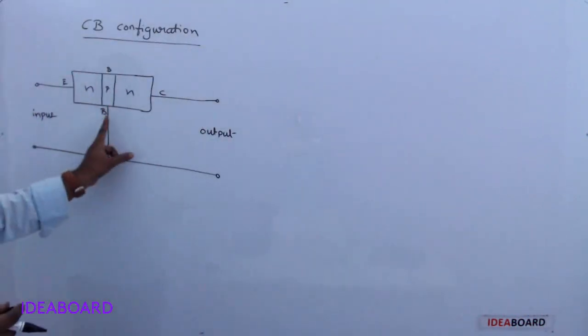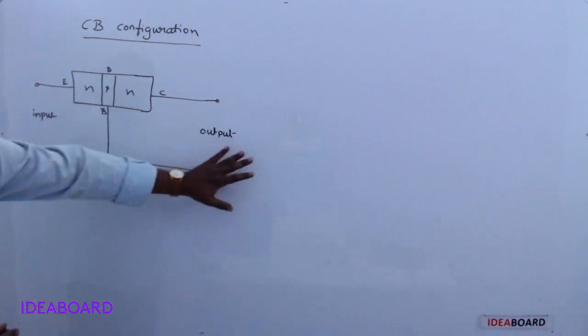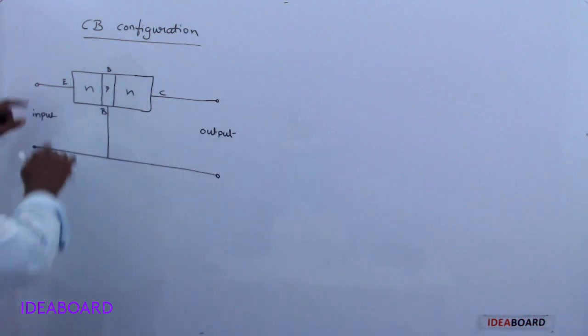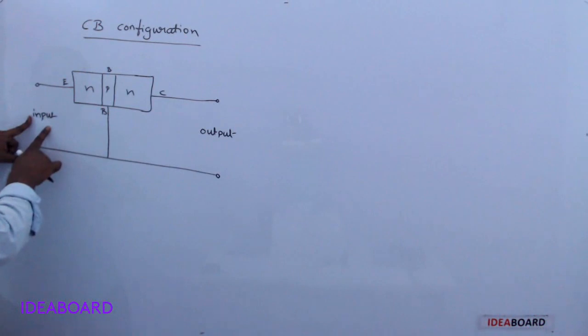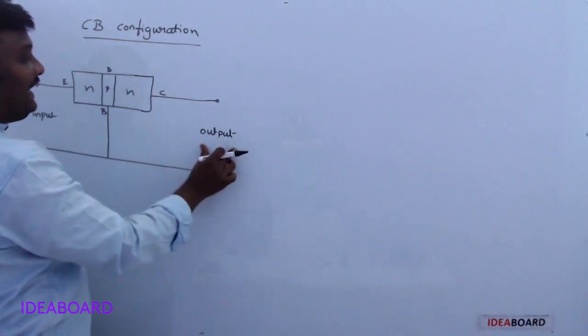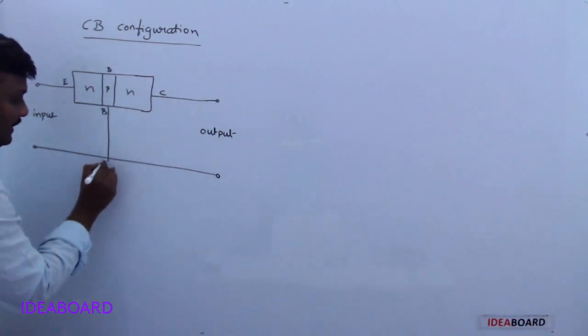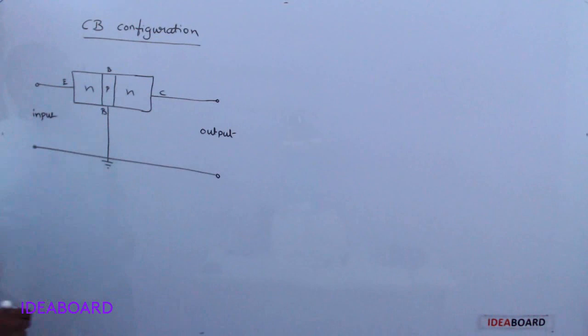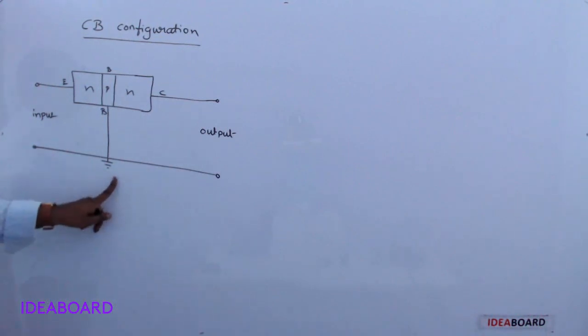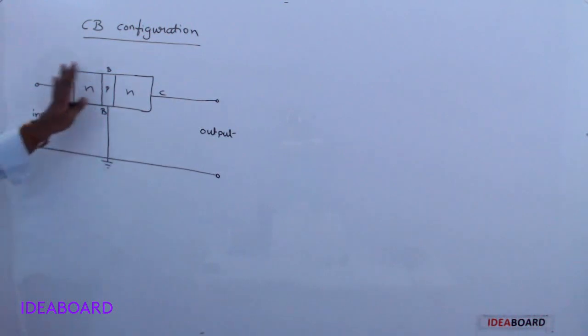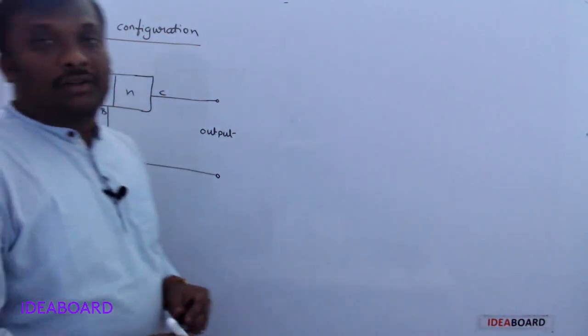Base is common for both input and output. Input is given across emitter and base, output is taken across collector and base, and the base terminal is earthed. Understand? This is common base configuration.